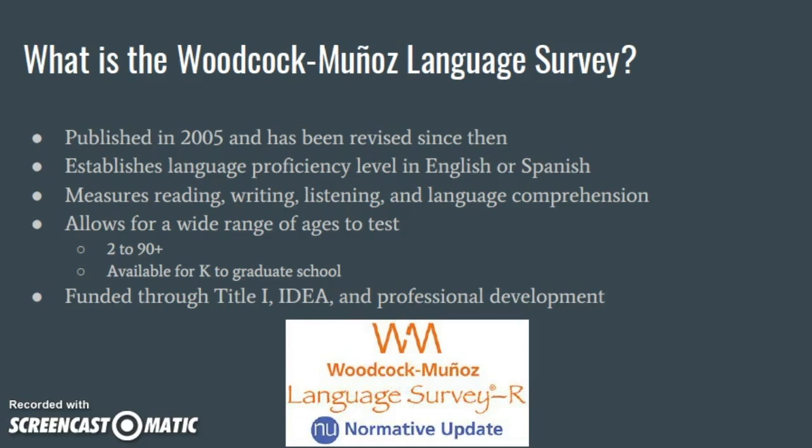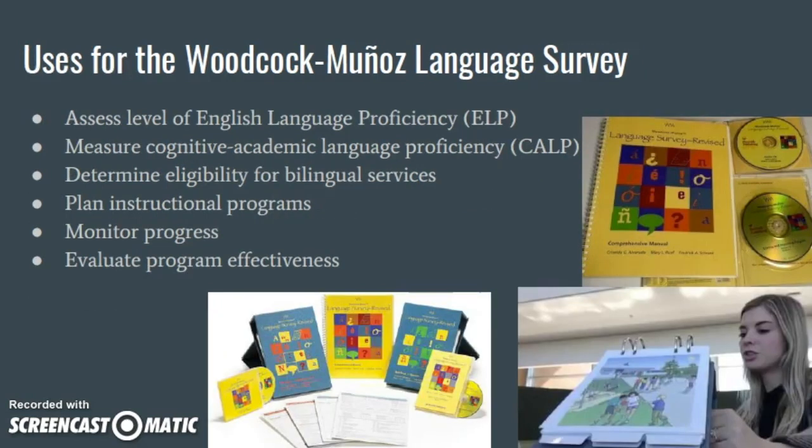It was first published in 2005 and most recently revised. It allows for a wide range of ages to be tested. It measures reading, writing, listening, language, and comprehension. It is available for grades kinder through graduate school. It is funded by Title I, IDEA, and professional development.